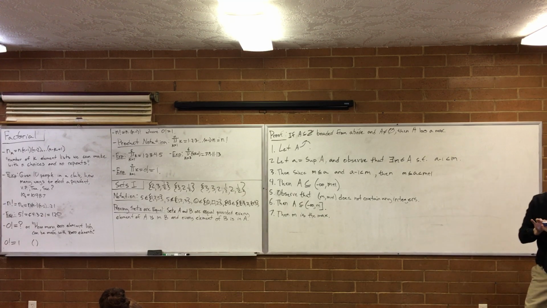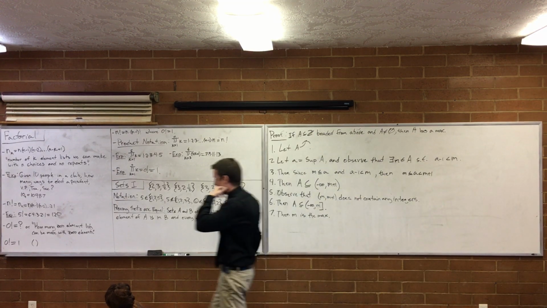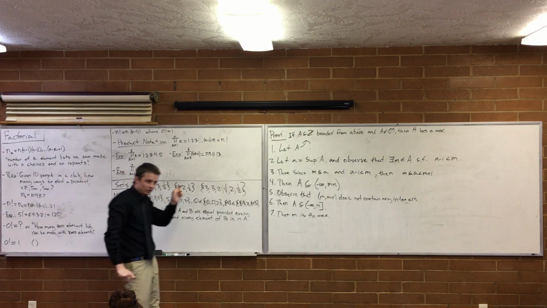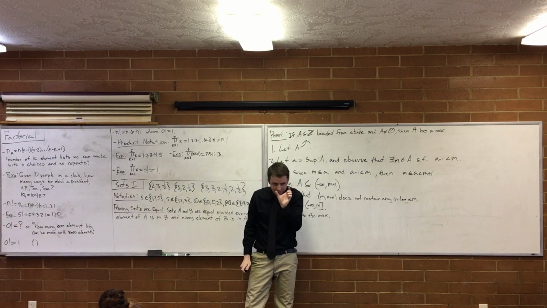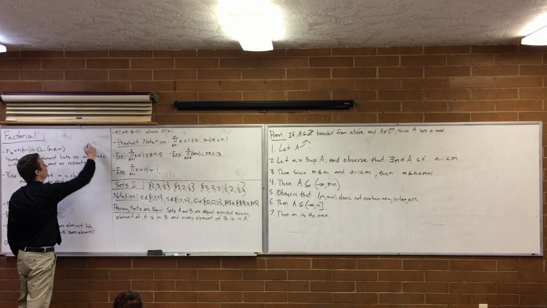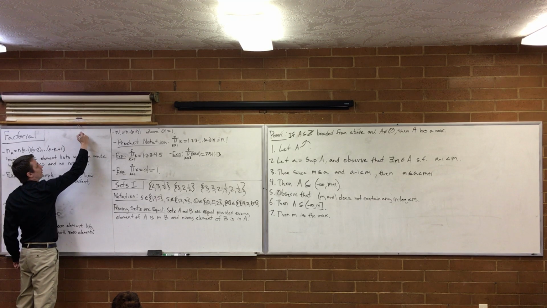So, last time we finished by talking about lists, right? We were counting the number of different types of lists you could make. If I gave you a k element list, a list of k elements, and you had n options for each element, and we allowed repeats, then the number of lists you could make was n to the k.